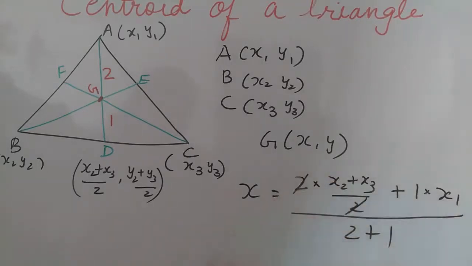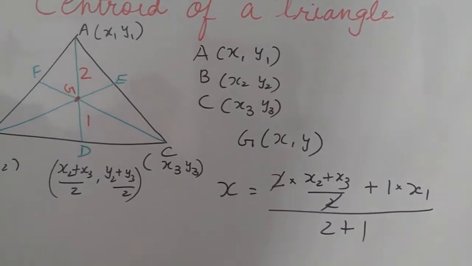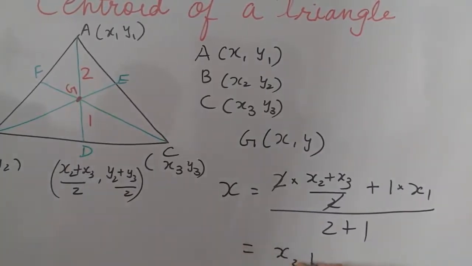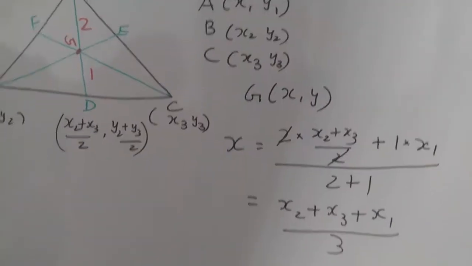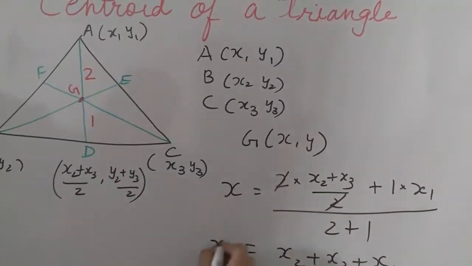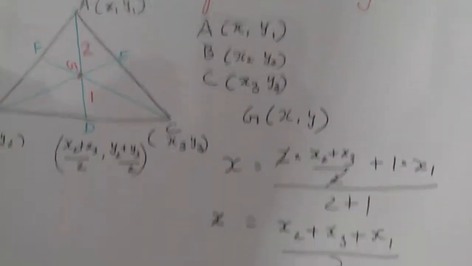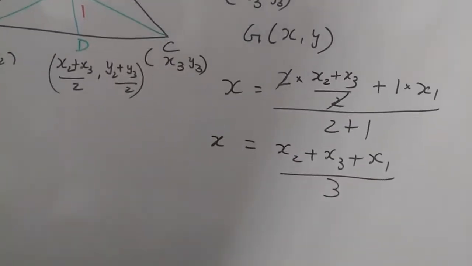So here you can see 2 gets cancelled, and what I am left with is x2 plus x3 plus 1 into x1, that is x1, upon 2 plus 1, 3. So this is the x coordinate I found, in which (x1 plus x2 plus x3) is divided by 3.